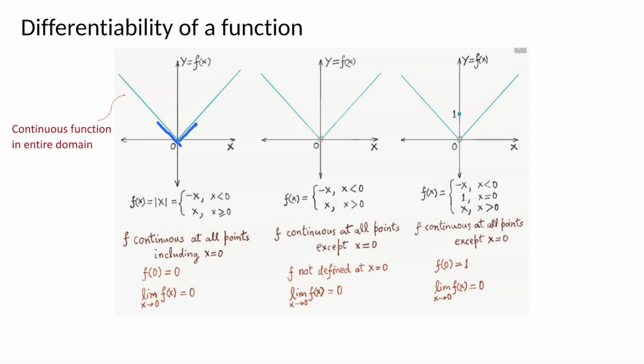What we mean is that the limit of the derivative of f takes a different value when you approach x equal to 0 from the left and from the right. So there is no unique derivative value, and therefore we say that it is not differentiable at x equal to 0. It is differentiable at all other points.